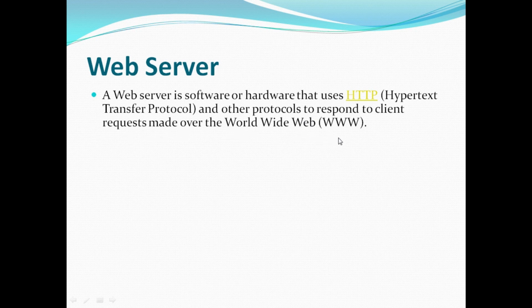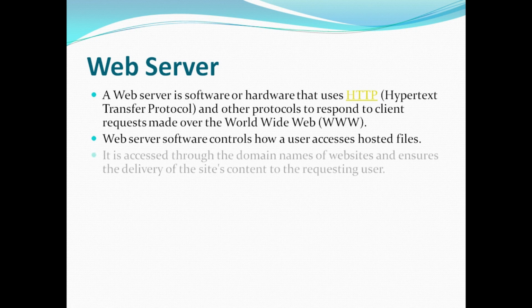Web server software controls how a user accesses hosted files. It is accessed through domain names, for example abc.com or a website, and ensures the delivery of the site content to the requesting user. Okay.